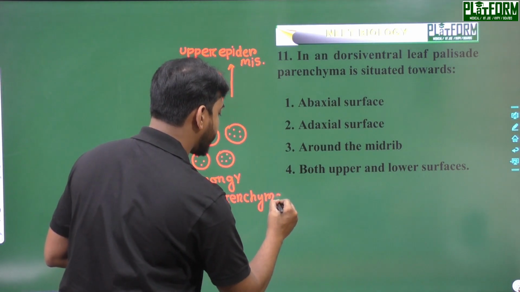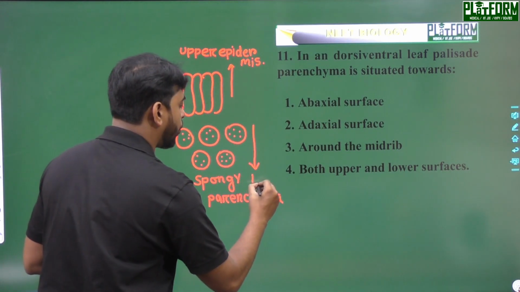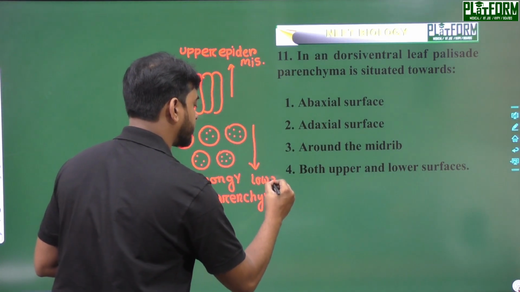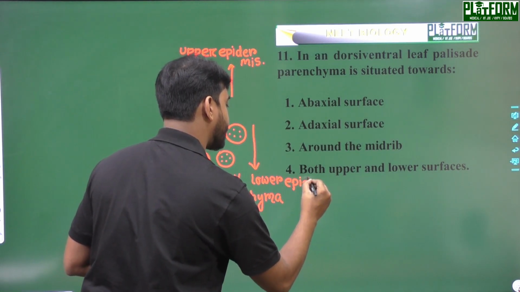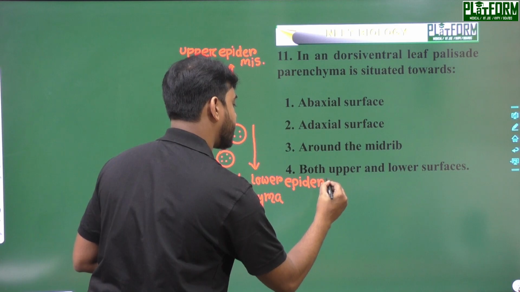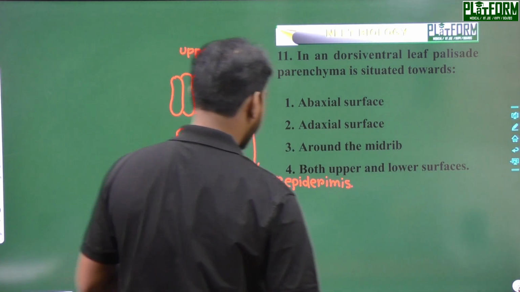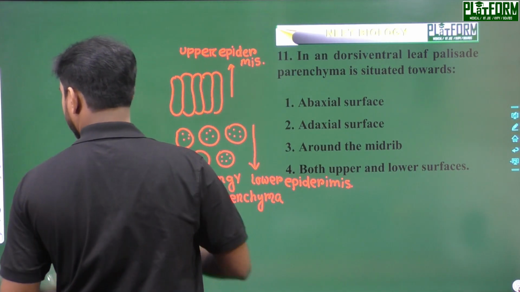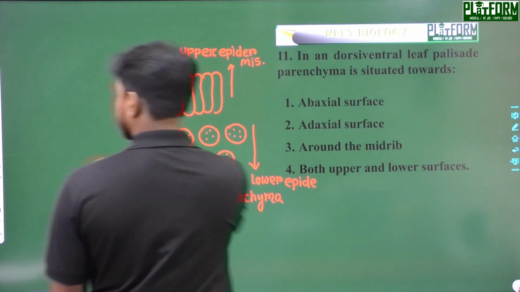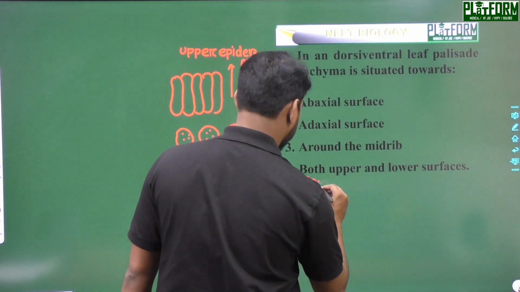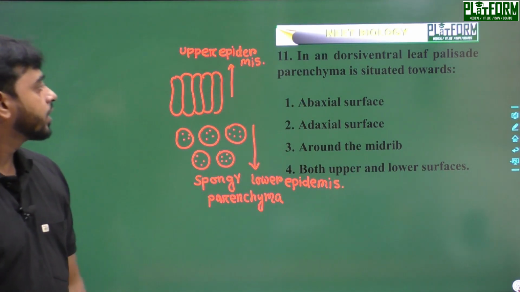And the spongy parenchyma is situated towards the lower epidermis, in the lower epidermis. Okay.